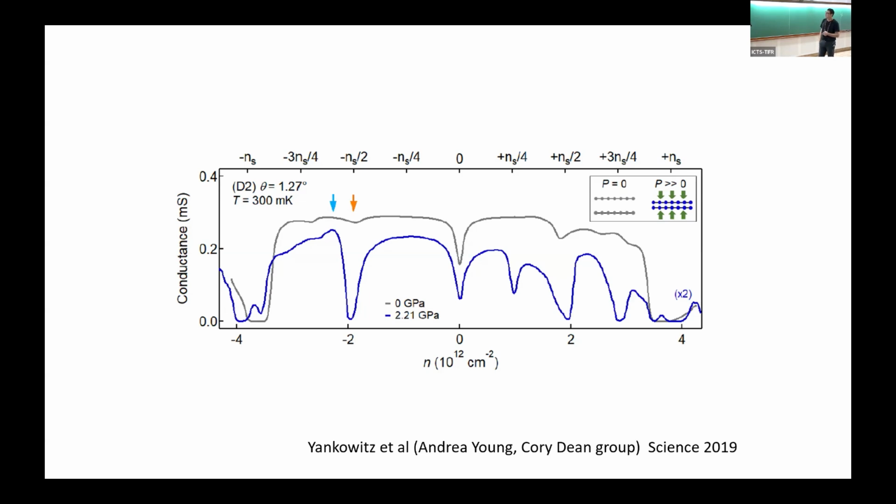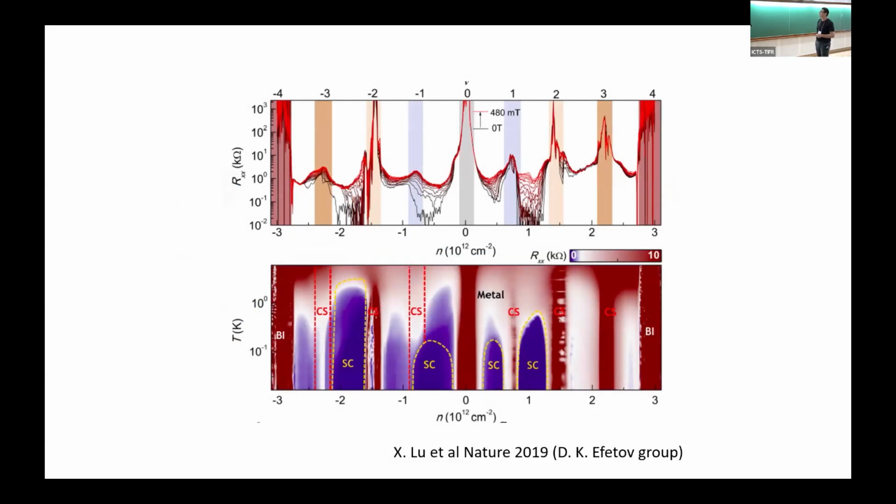And so now they start seeing insulators at filling factor -2, filling factor +2, and the 3 is very clear as well. Now you just start seeing signatures at 1 as well. Okay, and then there are many other experiments on this.